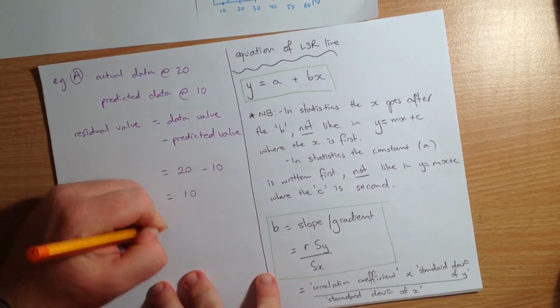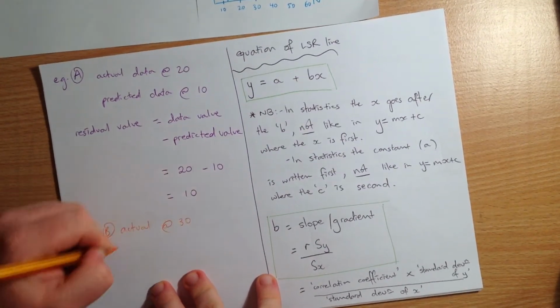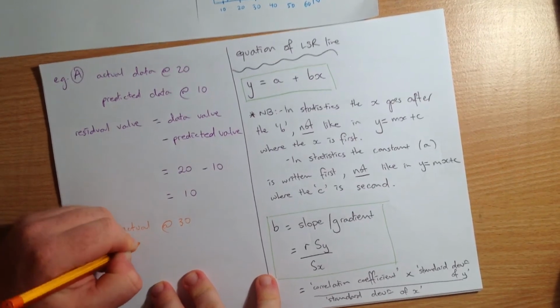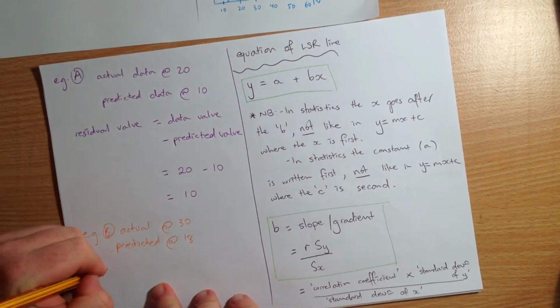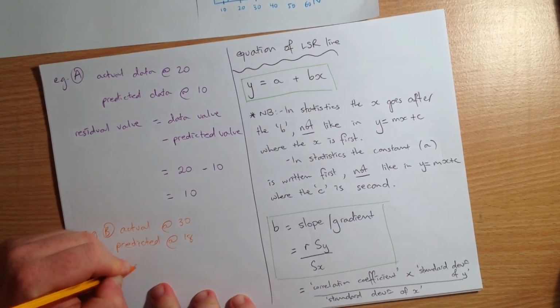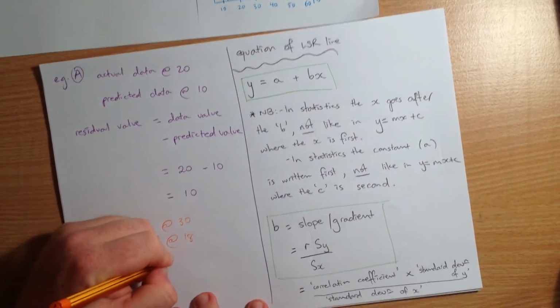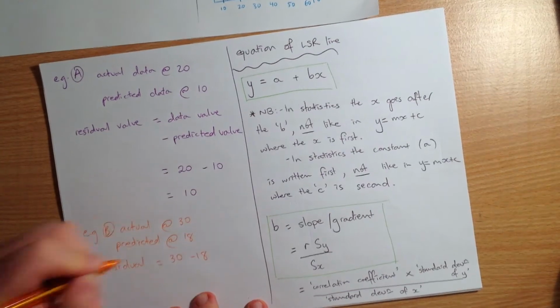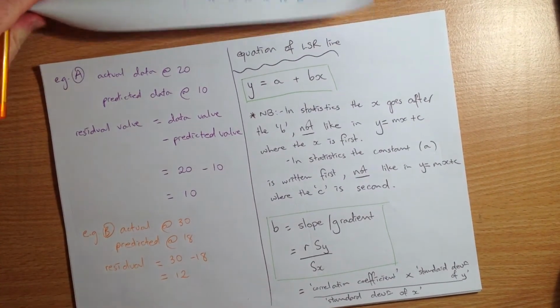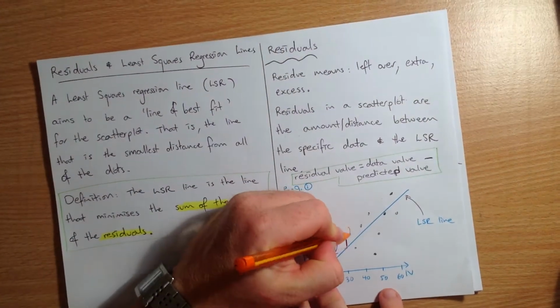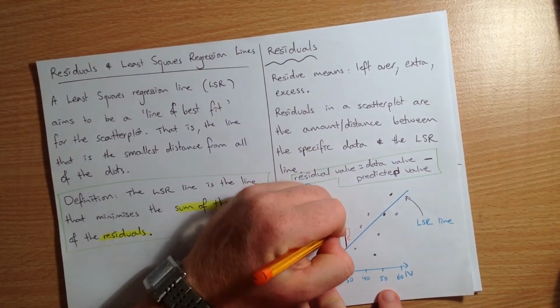Actual data at 30, predicted at 18. So our residual, using the formula that we had, is 30 actual data minus our predicted value 18. So our residual, our leftover amount, is 12. So the distance between this dot and this dot is 12.